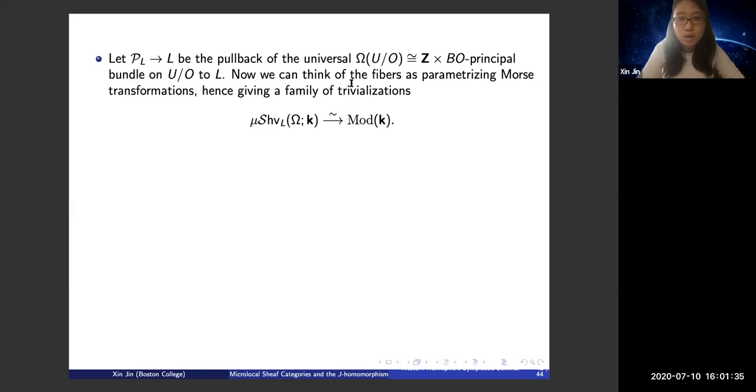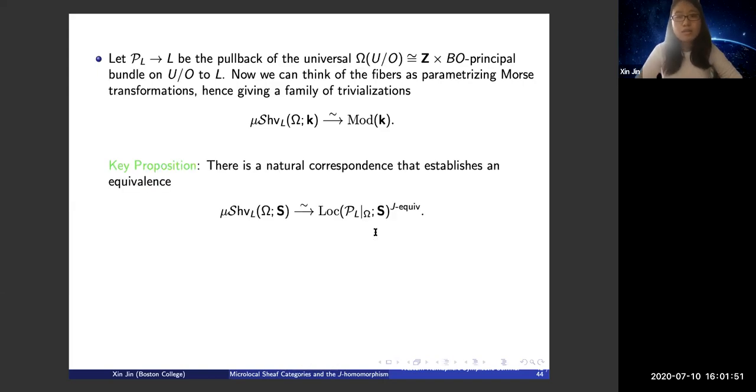So using our correspondence description, you get a family of such equivalences. In particular, for each object in here, you get a local system on the fiber. And then the key proposition is that under this observation, the local system that you get has some twisted equivariant structure, not an arbitrary local system.